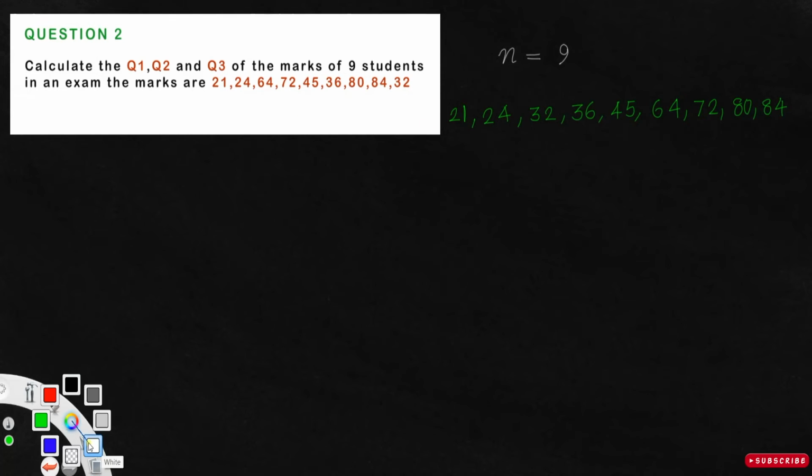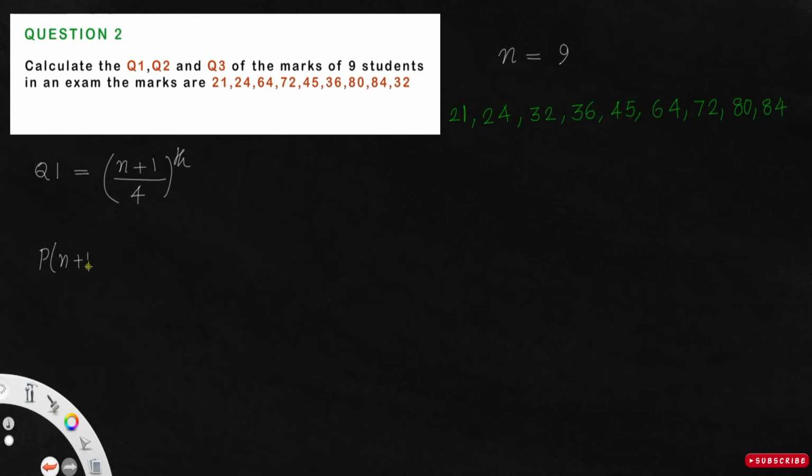Now, like I said, we have Q1 equal to, we can use the formula we already derived, n plus 1 by 4. Okay, the n plus 1 by 4th item. So we have p into n plus 1 divided by 100. For the first quartile, we have p equal to 25. So we get this formula.